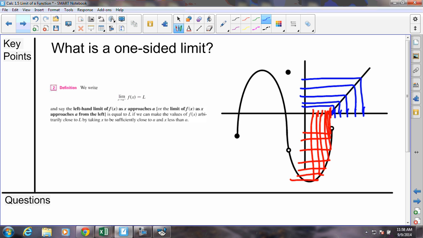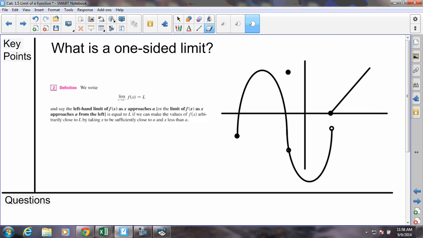We're still getting closer and closer to our y-axis, but as we get close, are they getting close to be the same number on both sides? That's a pretty huge gap, and you can see I'm already pretty close. In particular, as we are getting closer and closer to the left, I need to switch to red, this height is getting really, really close to the height of that open circle.